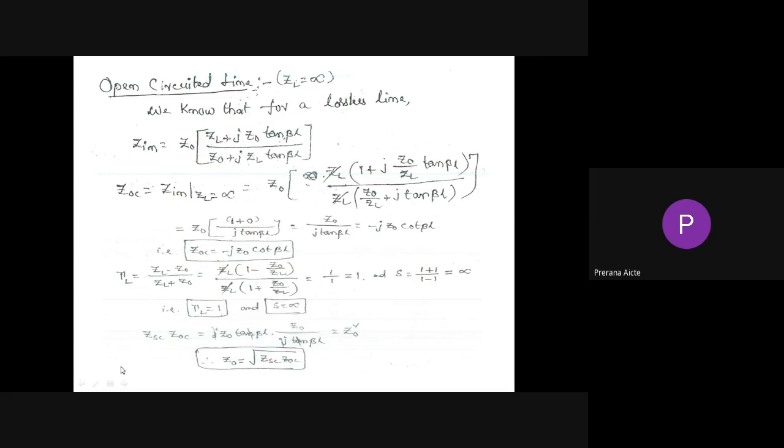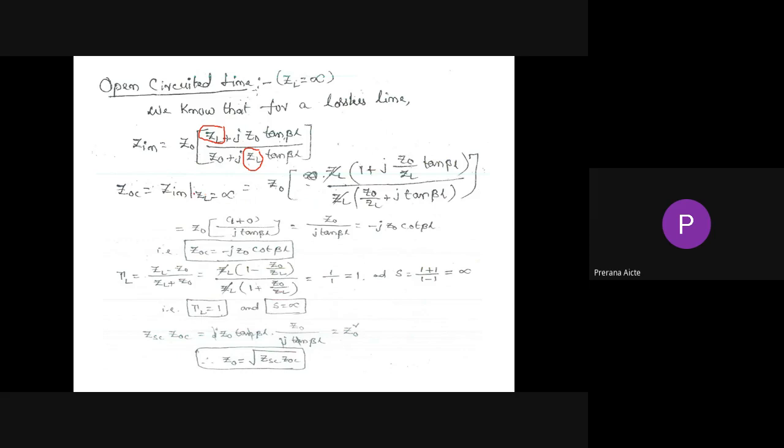Z_L is equal to infinity, and here also Z_L is equal to infinity. Infinity plus anything is infinity, and here also infinity. So infinity by infinity, then it becomes an undefined function. Okay, that's why we can't directly substitute Z_L equal to infinity in these expressions.